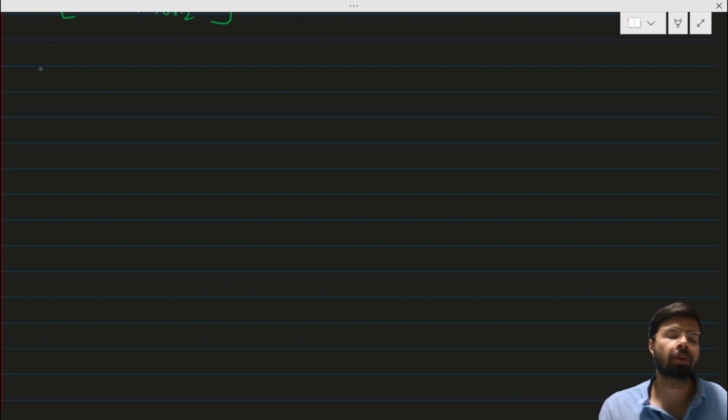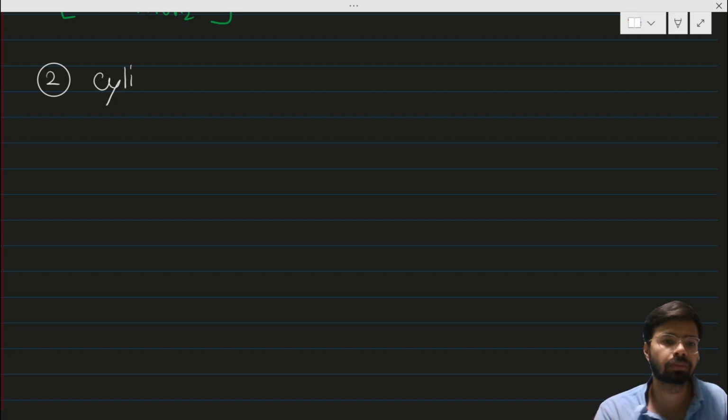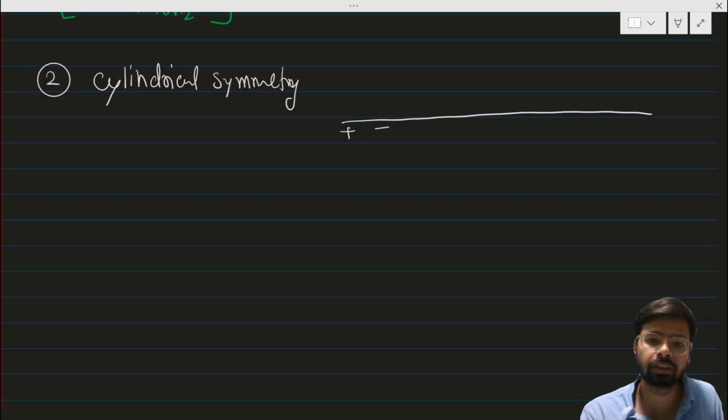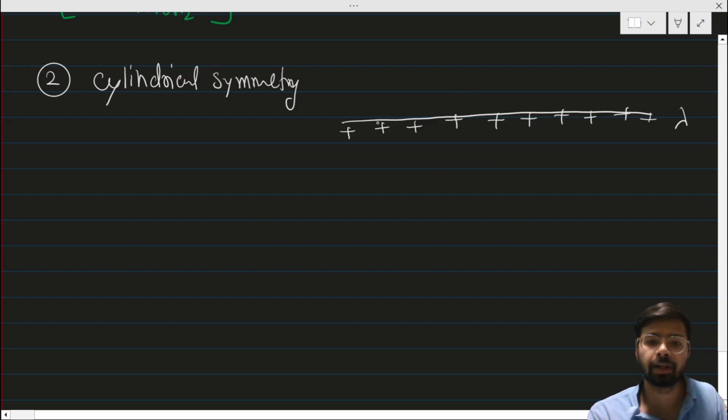So let's talk about cylindrical symmetry. Assume that this is a wire having charge density on it, lambda, line charge density lambda, and we want to find the electric field outside this wire.